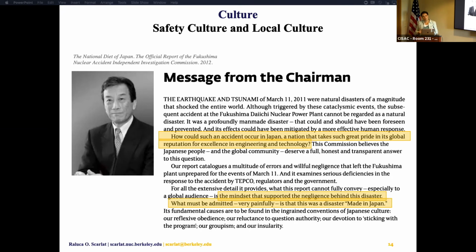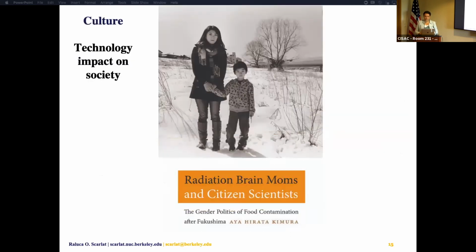Because we will have to have a diversity of products, in a sense, a diversity of safety cultures that are developed, that are compatible with the diversity of cultures in which they lie. So this is an important challenge to manage.